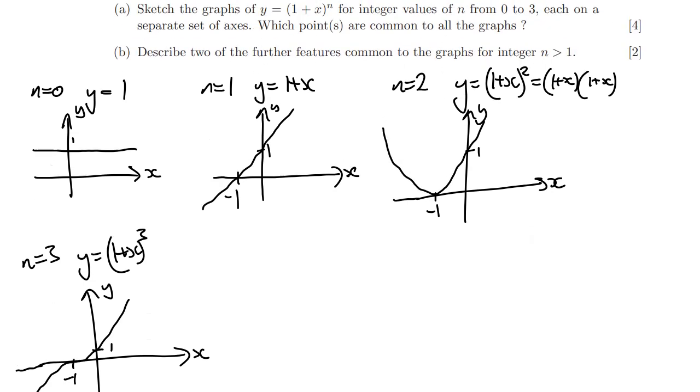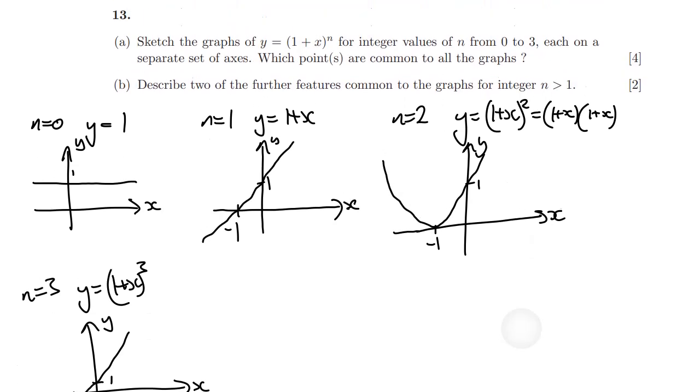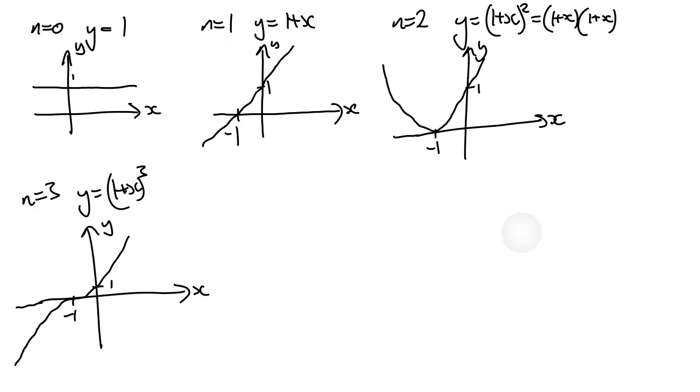And the question says, which points are common to all graphs? So you should be able to see the common point is 0, 1.